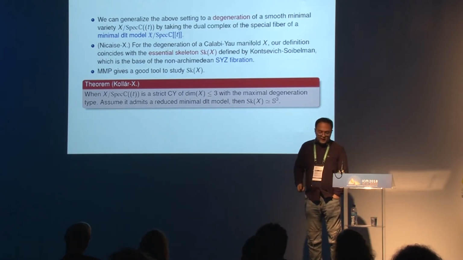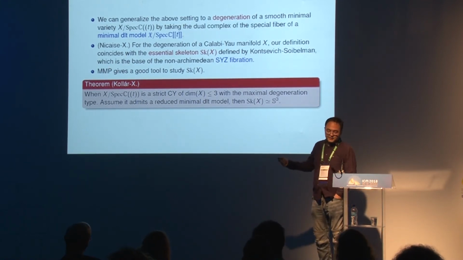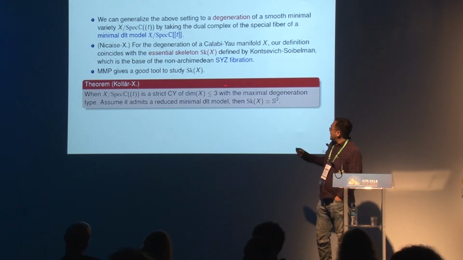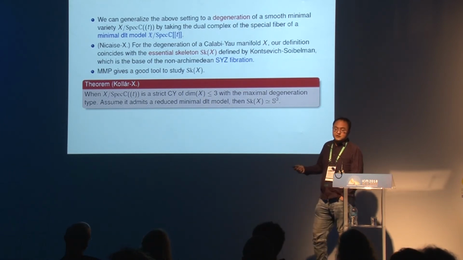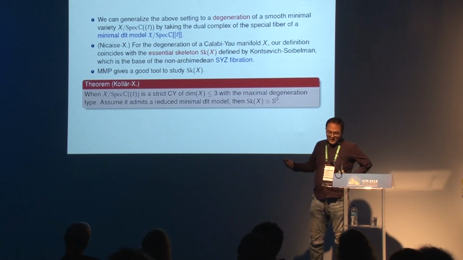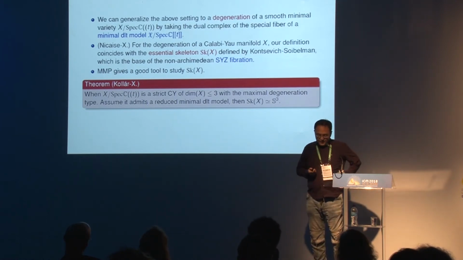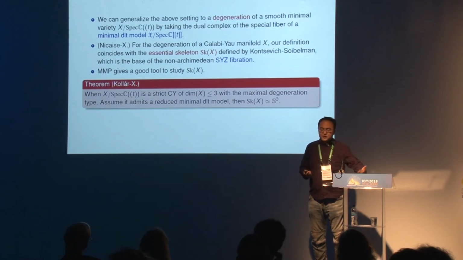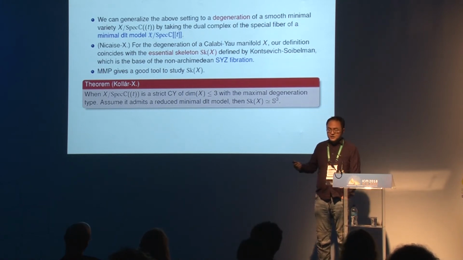As a result, we prove again that if X is strictly Calabi-Yau, so it's simply connected and there is no higher cohomology of the constant sheaf, then up to dimension 3, assuming X is of maximal degeneration type, which is the type the mirror symmetry people are mostly interested in, this skeleton is always homeomorphic to S^3 if I assume there is a reduced minimal model. And again, this reduced condition can always be achieved by a simple base change of the base.